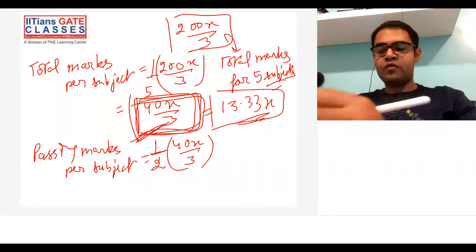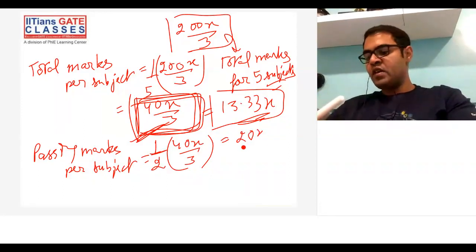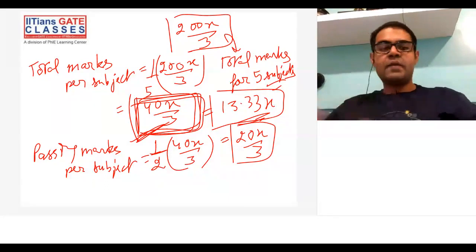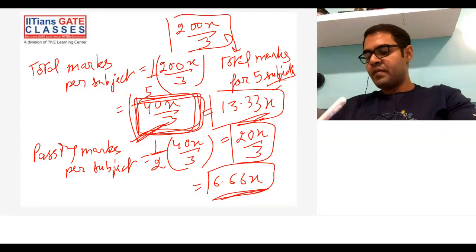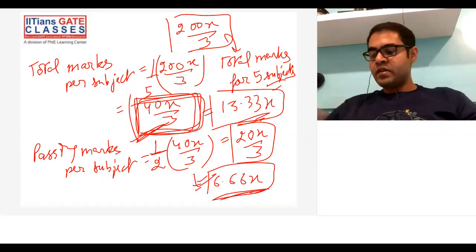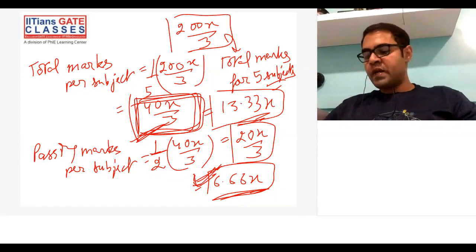So 50% of this becomes 20x by 3. These are the passing marks. If I want to write it in decimal, this is 6.66x.